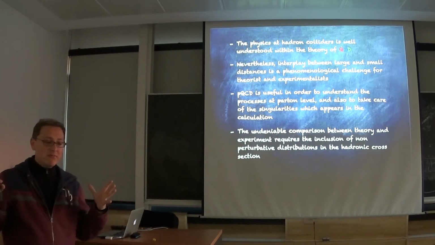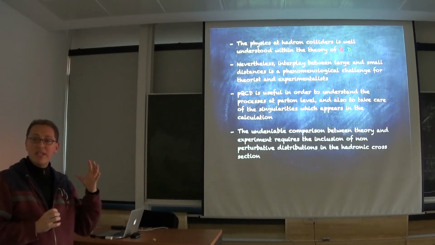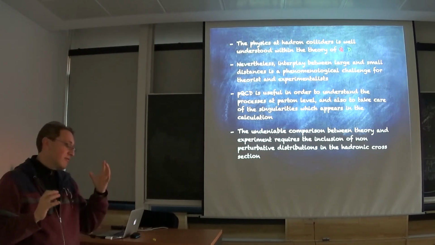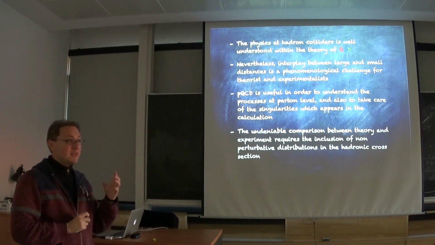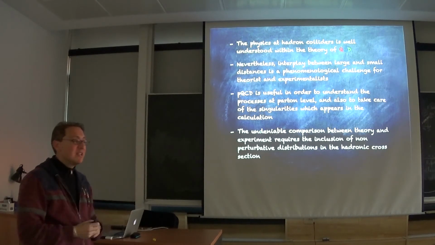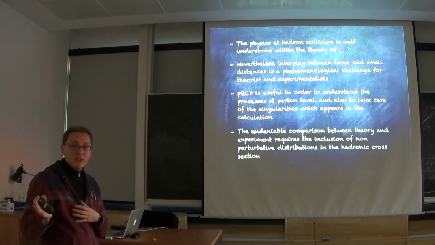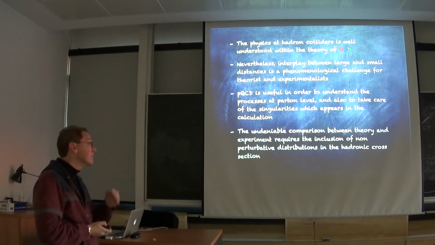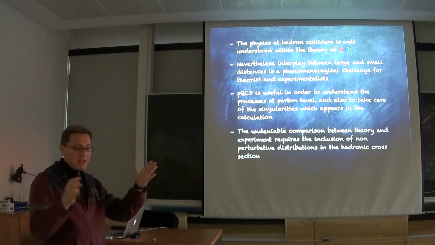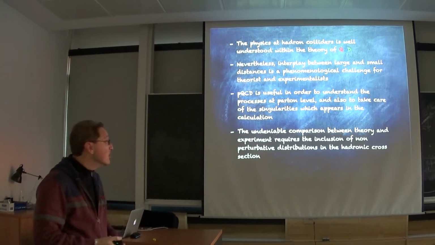Nevertheless, you have to keep in mind that you have 2 regimes in QCD: the very large distances, or strongly interacting particles, and the free case, the asymptotic freedom, and the confinement regime. So you have to do an interplay between these 2 in order to make a prediction in QCD.